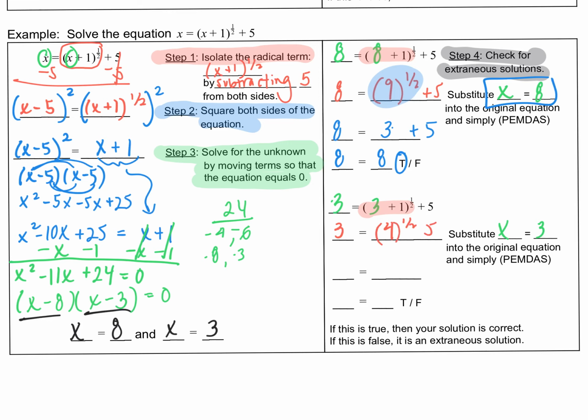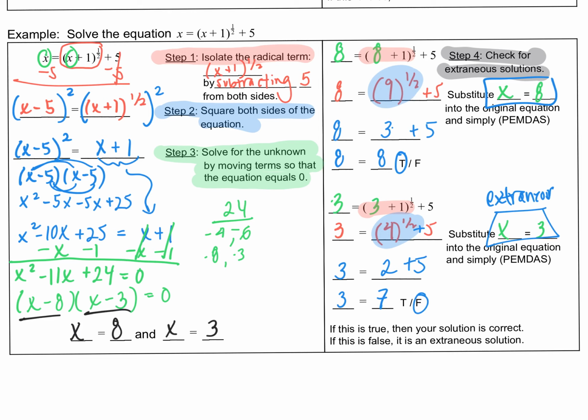And then we're going to do the 1/2 power, which is the same as a square root. 3 is equal to, square root of 4 is 2. 3 equals 2 plus 5, 7, that's false. So that means this value, x equals 3, is extraneous.